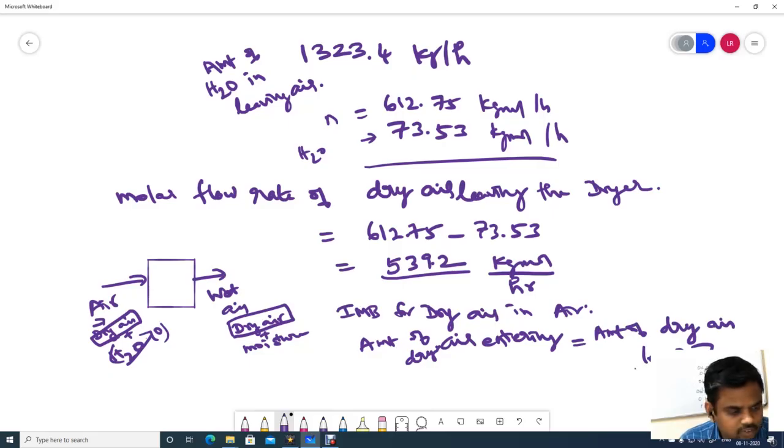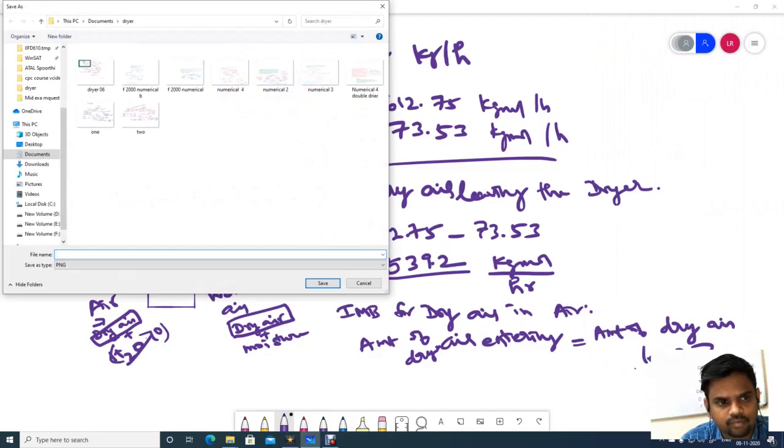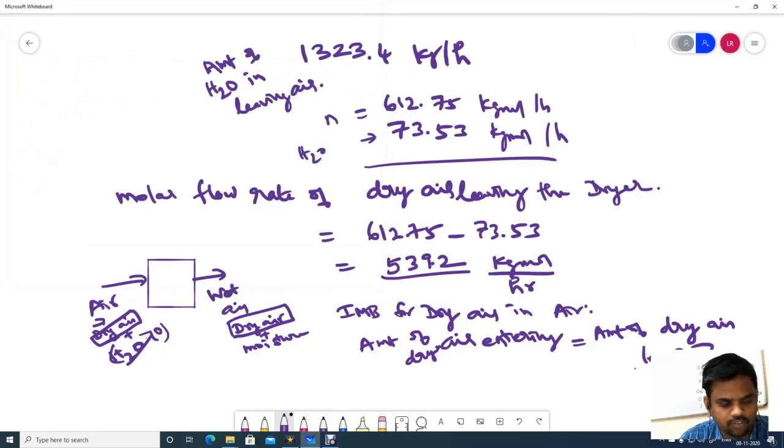That is based on the given assumption that inlet air has no water, so we have calculated this molar flow rate of dry air leaving the dryer. I have saved this file.